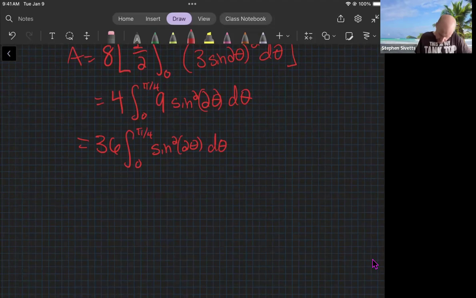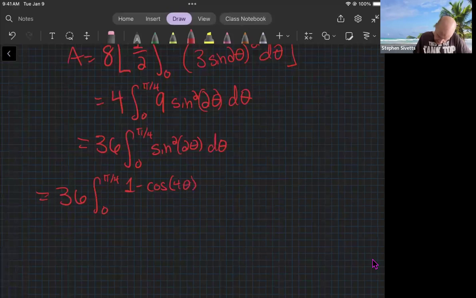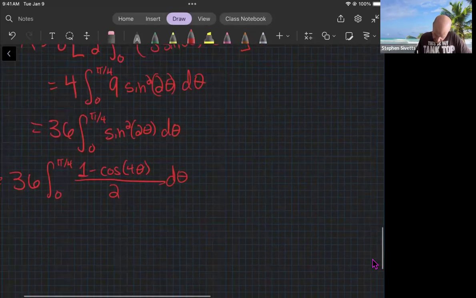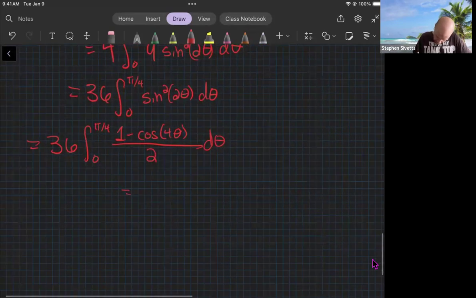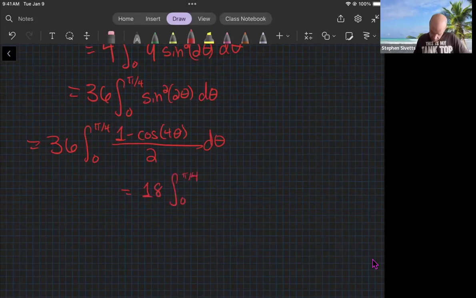Using the half angle formula, you'll have 36 times the integral from 0 to pi over 4 of (1 minus cosine of 4 theta) over 2 d theta. And so that equals 18 times the integral of 1 minus cosine of 4 theta d theta. We haven't integrated yet, so that'll come shortly.